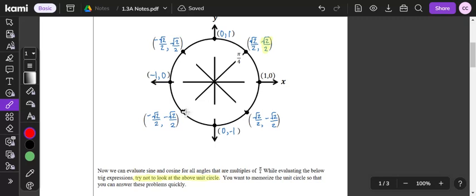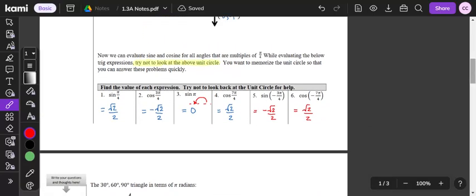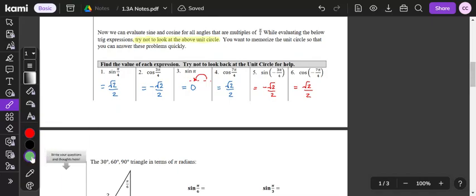That is the same as positive 1, 2, 3, 4, 5 pi over 4. So just for your reference, sine of negative 3 pi over 4 is the same as the sine of positive 5 pi over 4.